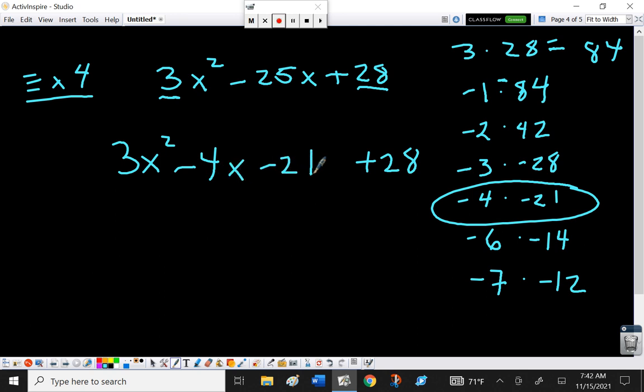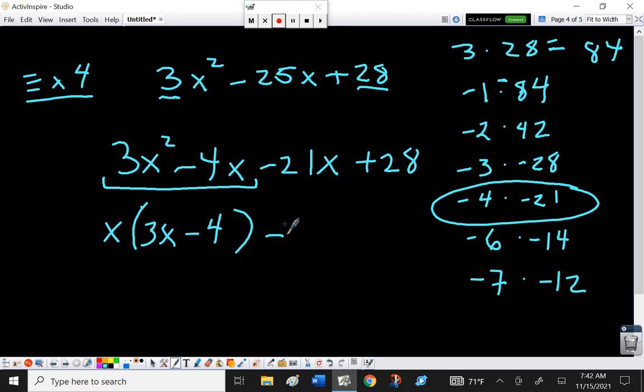minus 21x. Okay, let's look up here. What's common there? X. 3 and 4 can't be divided by some common factor, so we're going to be left with 3x minus 4. And now back here, we got to be careful.